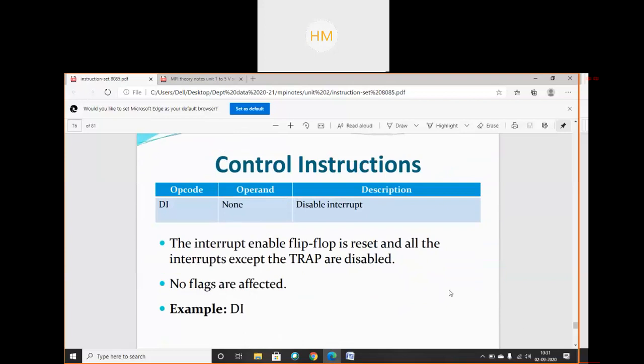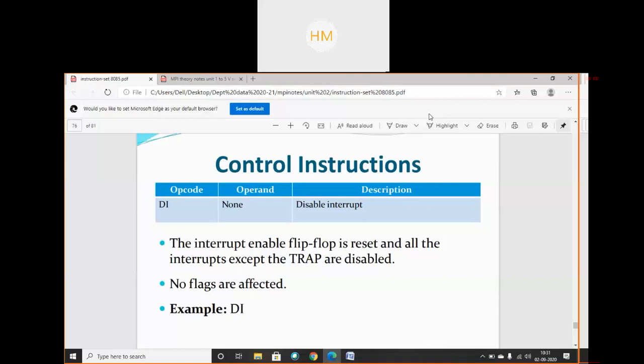See, while studying interrupts, I have told you vectored, non-vectored interrupts, maskable and non-maskable interrupts. So trap is an interrupt. When I want to disable all the interrupts from the microprocessor, I will use the DI instruction.